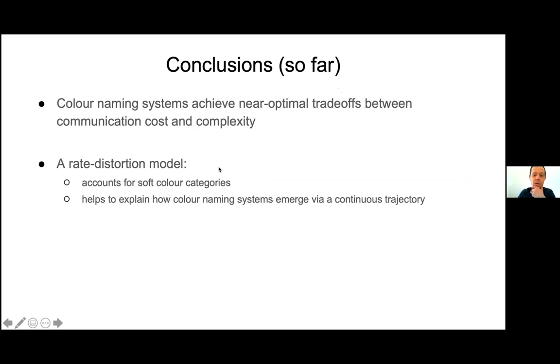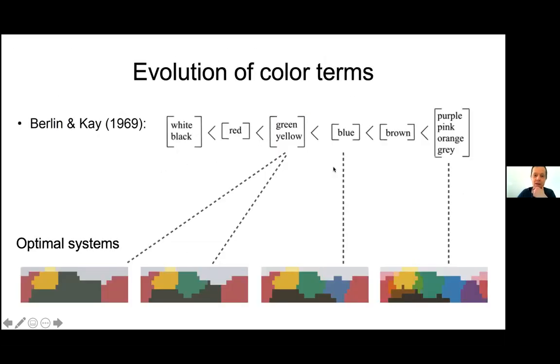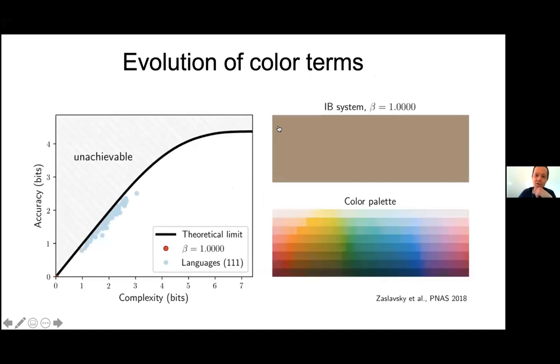Also, it helps to explain how color naming systems might emerge via a continuous trajectory. The Berlin and Kay sequence is really just a sequence of discrete jumps, and it's a little bit mysterious how a new category would get introduced. The video that I showed you helped me think about how you could get from one of these stages to another in terms of a smooth, continuous trajectory that a language might more plausibly follow.